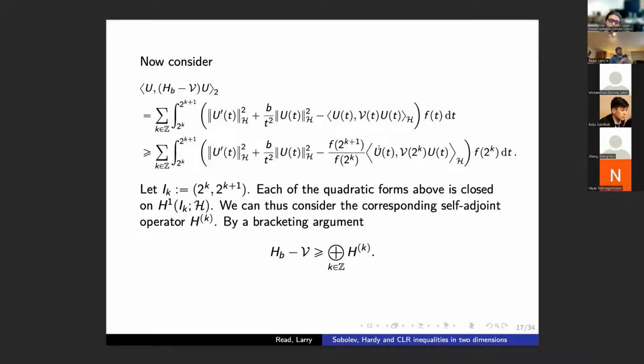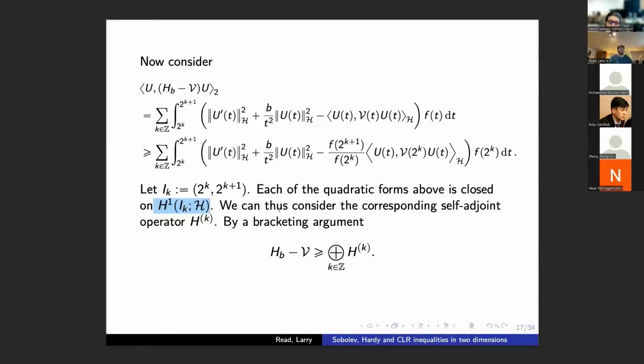Now, if you denote these intervals by Ik, then each of the quadratic forms above, that is this part here, is a closed operator on H1 of Ik going into our Hilbert space H. That is, we can consider the corresponding self-adjoint operator Hk that now corresponds to Neumann conditions.